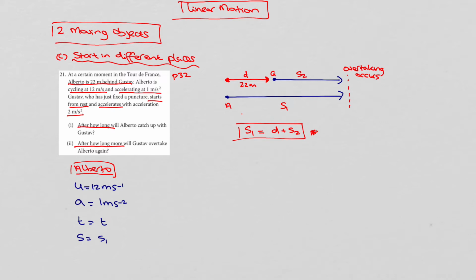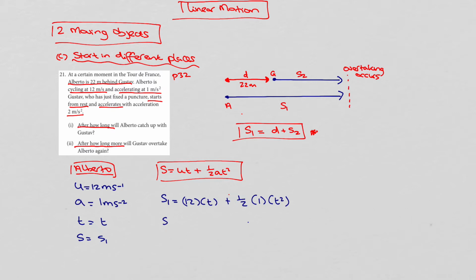So therefore we say s is equal to ut plus a half at squared. So in other words, S1 is equal to u times t plus a half times a times t squared. So S1 is equal to 12t plus a half t squared. So that's our first equation.